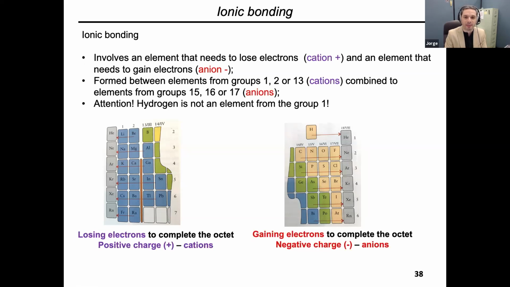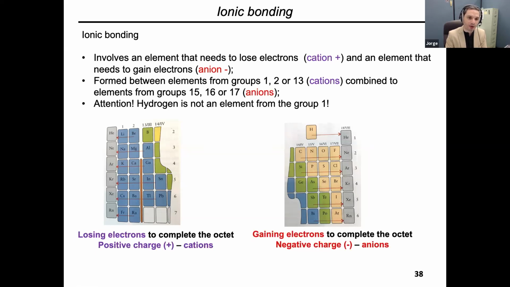Therefore, this element will receive the name of cation, and the charge is going to be positive, and an element that needs to gain electrons. The element that gains electrons will receive the name anion, and therefore it will have a minus charge.